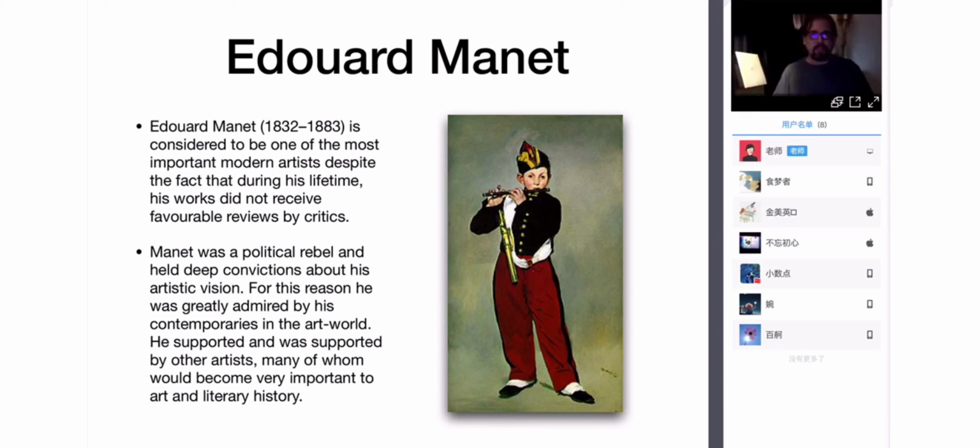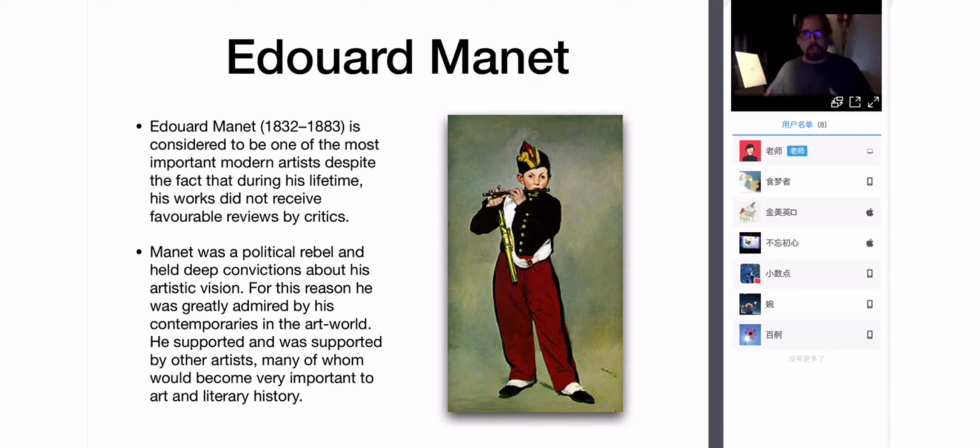And he also took some political jabs, I think. He would depict scenes of political violence, and this is a boy in a soldier's outfit. In war, they would send children out to play music for the band.